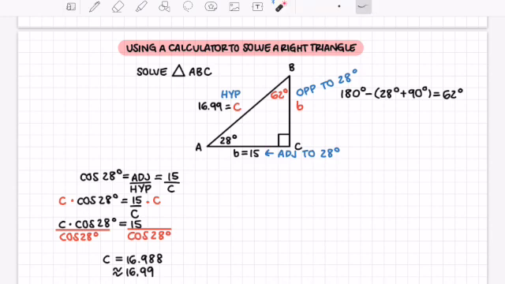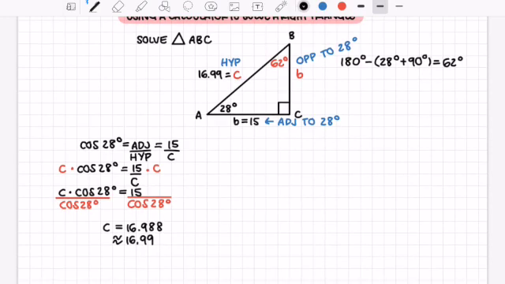So if I have the adjacent side, but I need the opposite side, I know that I could use the tangent ratio, because I know that tangent is supposed to be opposite over adjacent. If that's the case, I can use opposite, which is the B value, and divide it with 15. And again, from here, I just need to solve for B.